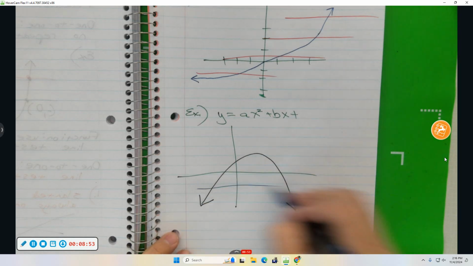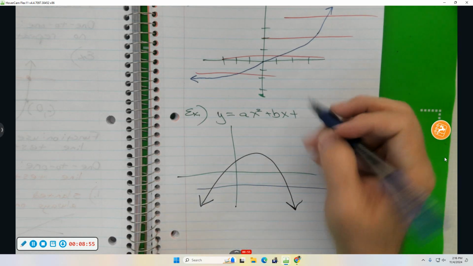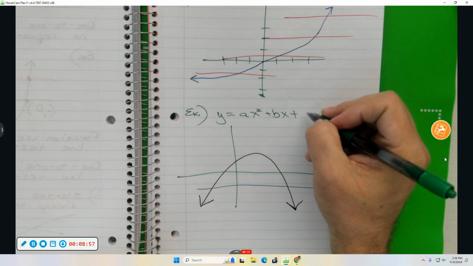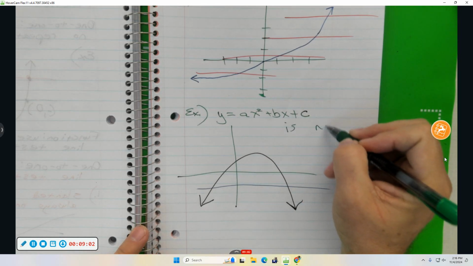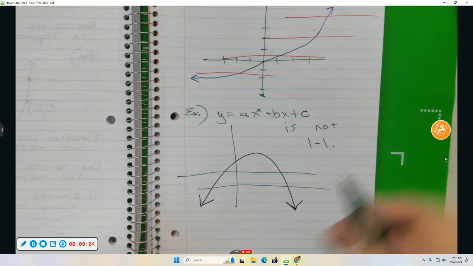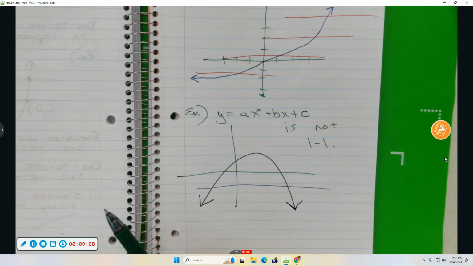No, you can draw a horizontal line to hit it twice, so any quadratic function is not 1-to-1. Slanted lines are always 1-to-1, but quadratic functions are not 1-to-1.